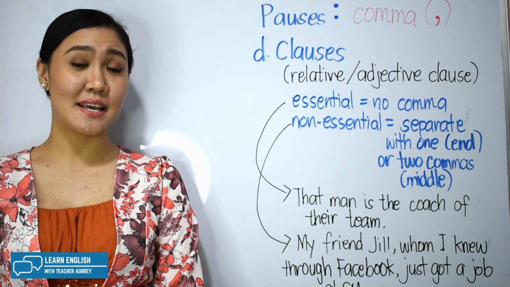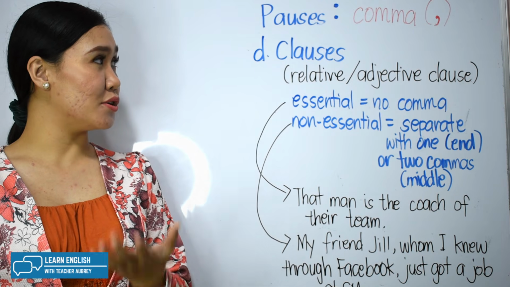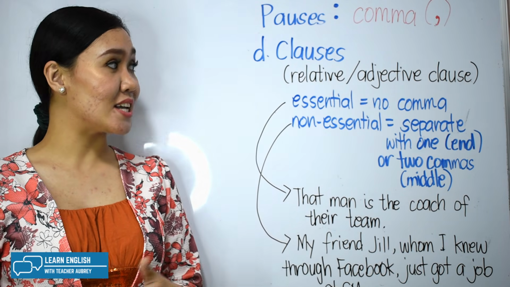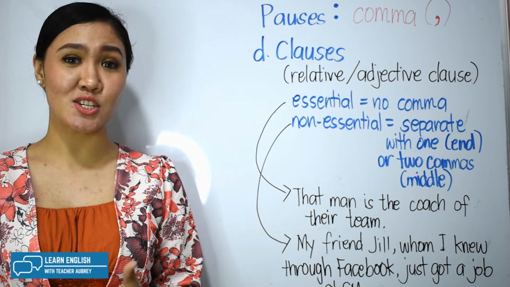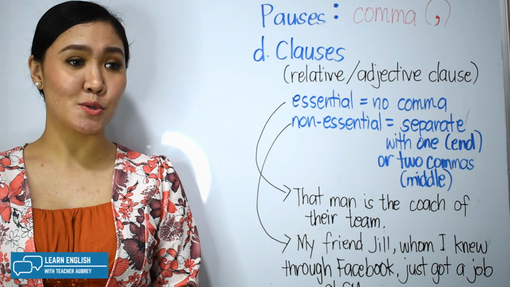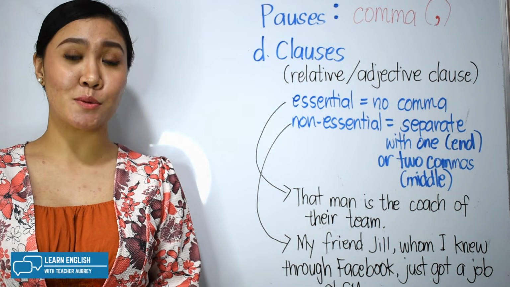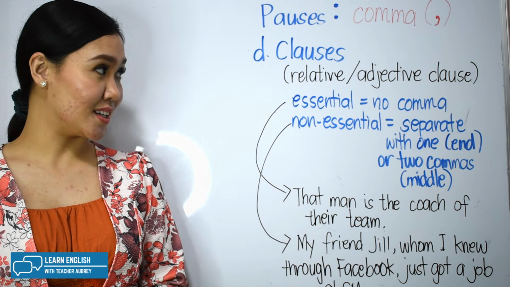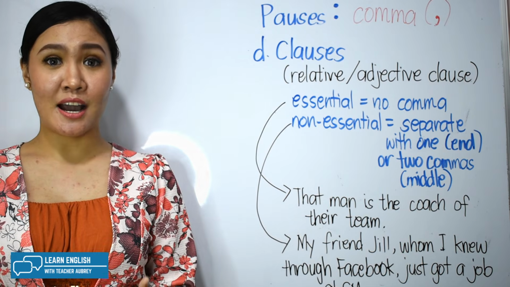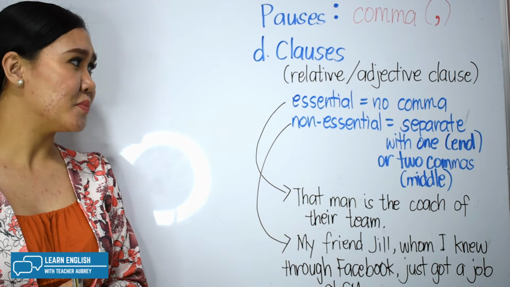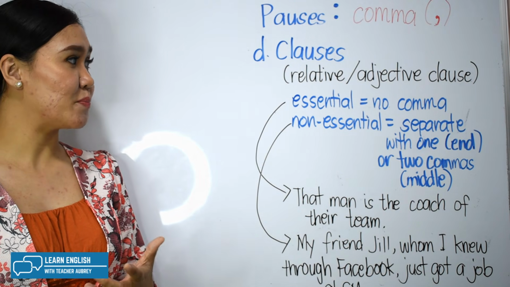And for the other examples, for the uses of comma, ginagamit din natin siya for relative or adjective clause. Ano nga ba ang adjective clause? That is a phrase or a clause which we use to give more description about our subject or about the noun in the sentence. Now, let's take a look at them. Nahahati sila sa dalawa.